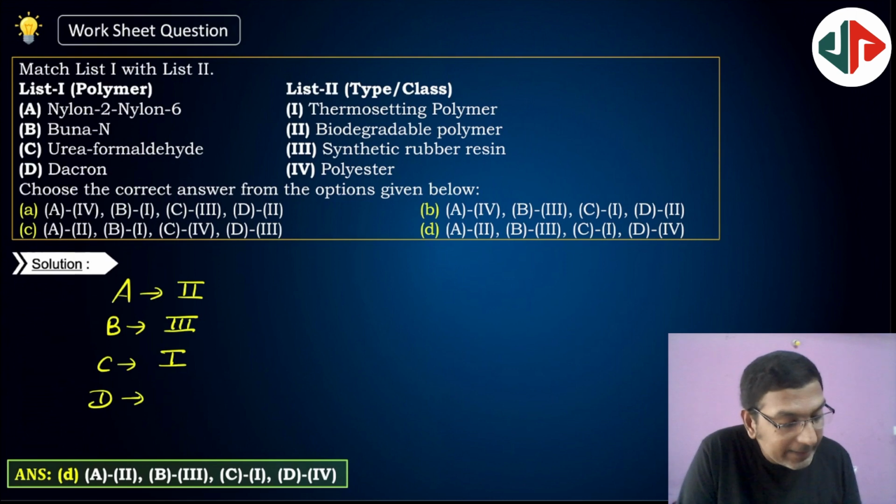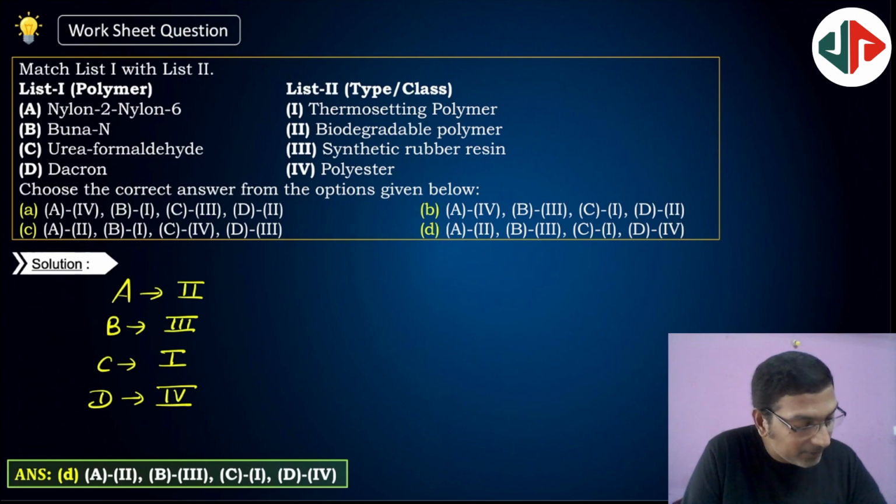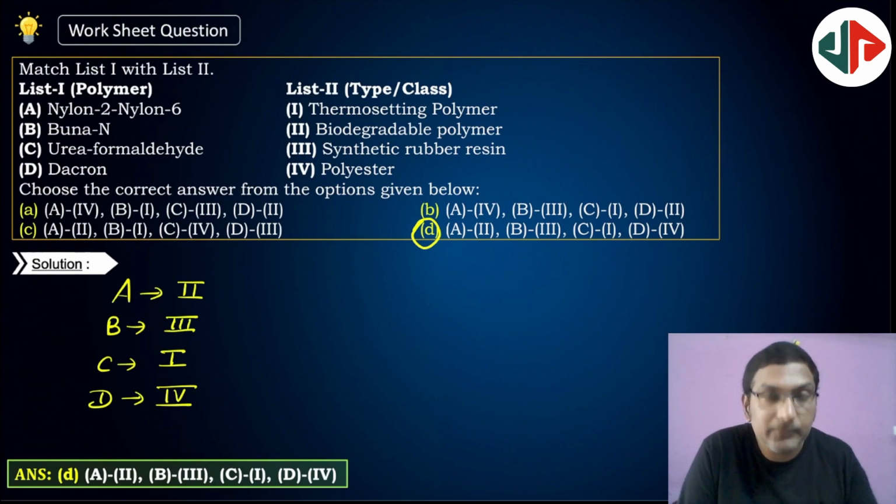D, Dacron is polyester. Dacron is a polymer of ethylene glycol and terephthalic acid. Therefore 2, 3, 1, 4, option D. Next.